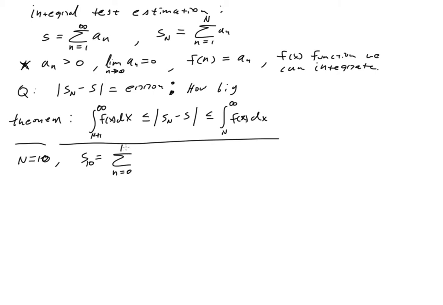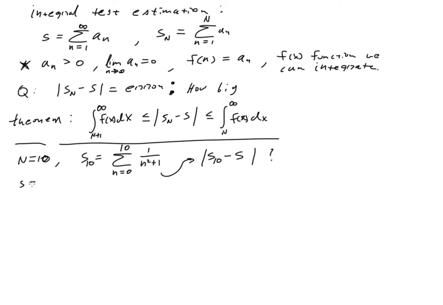We're just going to 10, right? Okay, and I have 1 over n squared plus 1. All right, so I want to know, how big is S10 and how close is it to the original series?